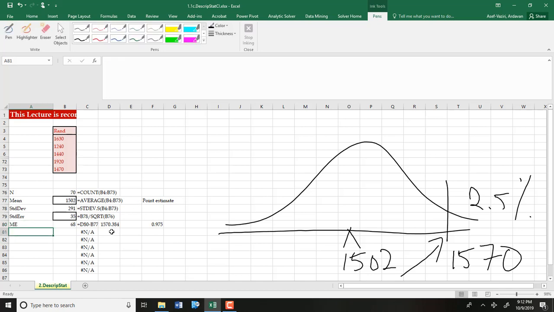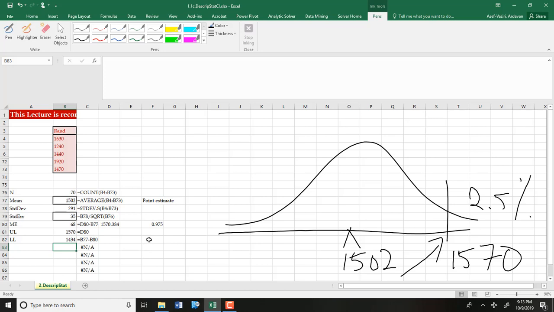So my upper limit is equal to what I got over there. My lower limit is equal to the average, which was this. I should go the same length to the left, minus this 68, and that is my two points.